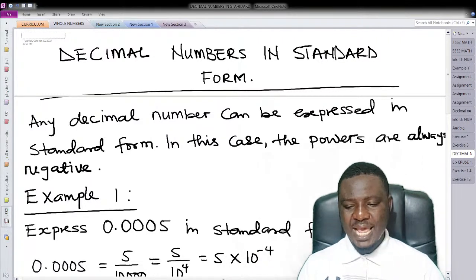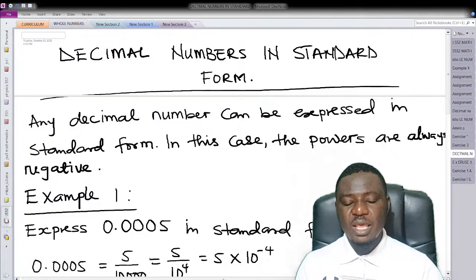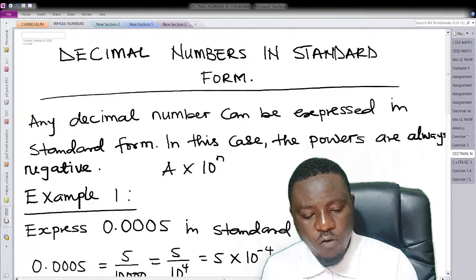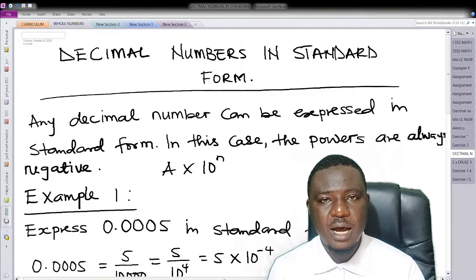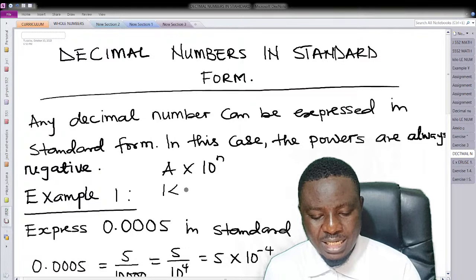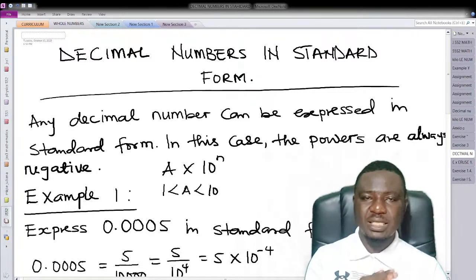A number is said to be in standard form if it can be expressed in the form a times 10 raised to the power of n, where a is a number greater than 1, that is to say 1 is less than a and a is less than 10. So a is that number that falls between 1 and 10.